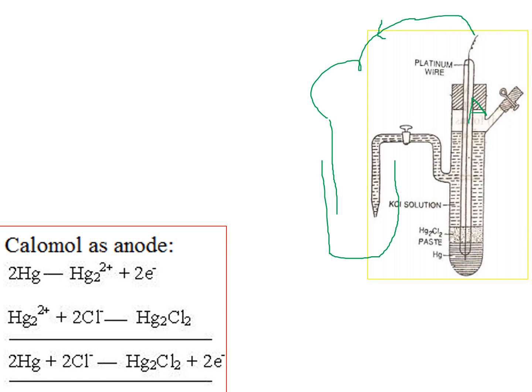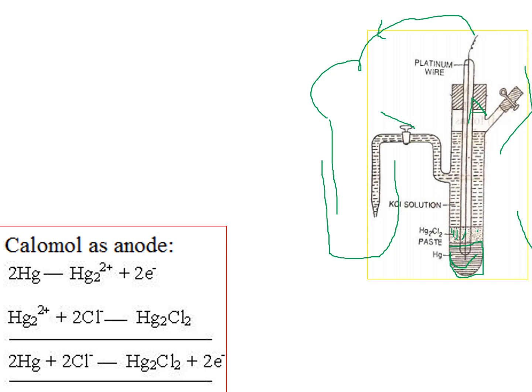Before going further, you should see the construction of the calomel electrode. It is a vertical tube with two side tubes. It contains a platinum wire in the middle of the vertical tube, and the bottom of the tube is filled with mercury. Mercury is a metal, but it is in a liquid state. The only metal available in a liquid state is mercury. Just above the mercury, we add a paste of mercurous chloride, Hg2Cl2, which is also a solid.